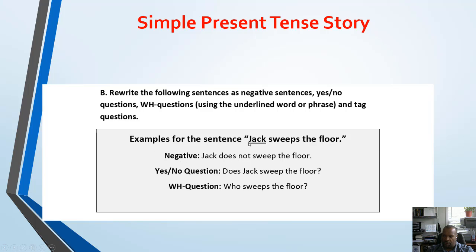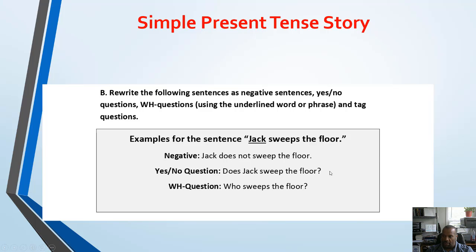Examples of what they're looking for is, here's the example sentence. Jack sweeps the floor. Okay, that is simple present tense. And now we want to use the underlined word to rewrite the sentence. Okay, the negative sentence would be, Jack does not sweep the floor. Yes or no question would be a question that you would answer either yes or no. So we'd write the question, does Jack sweep the floor?